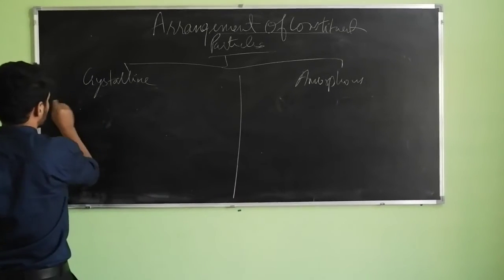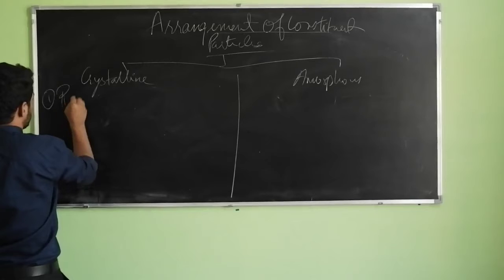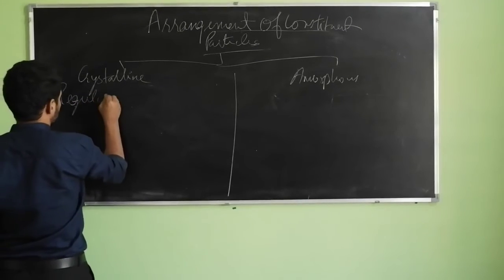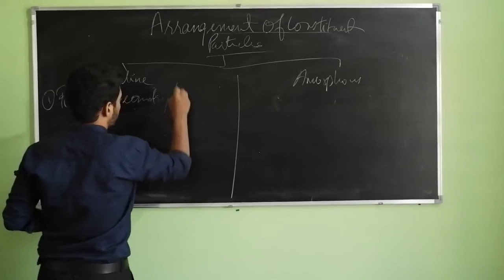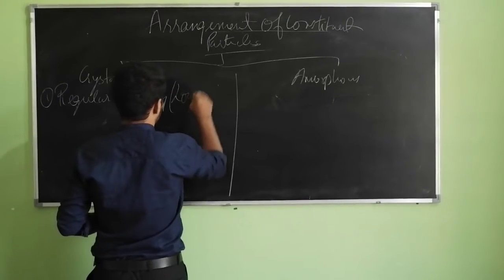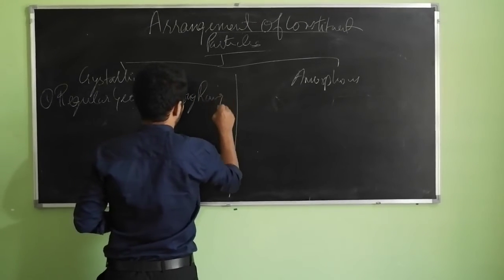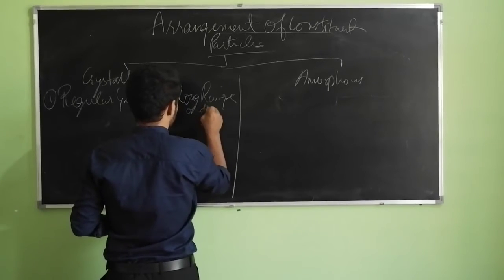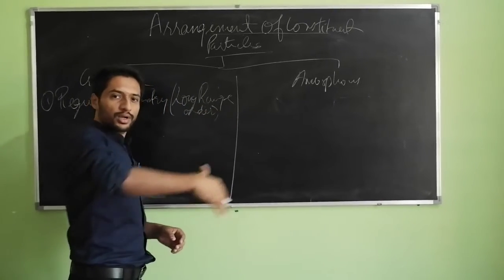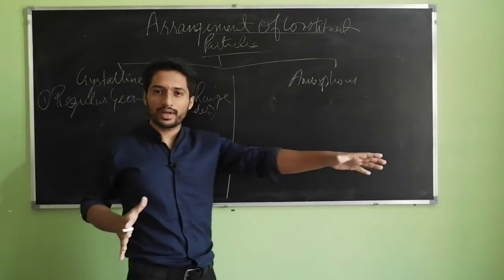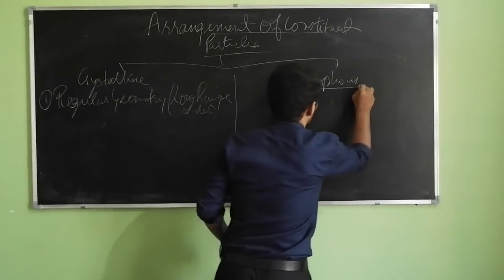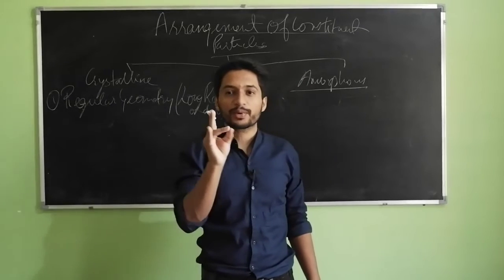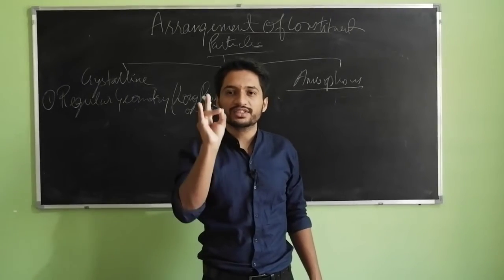In crystalline, the first point is they have regular geometry, and the order is a long range order. That is, through the whole region, through a very long range, they are symmetrically arranged. Amorphous is derived from a Greek word which means shapeless.